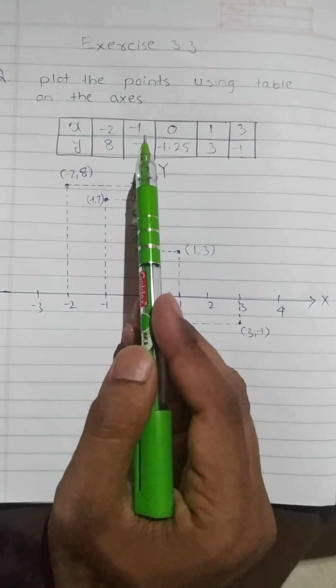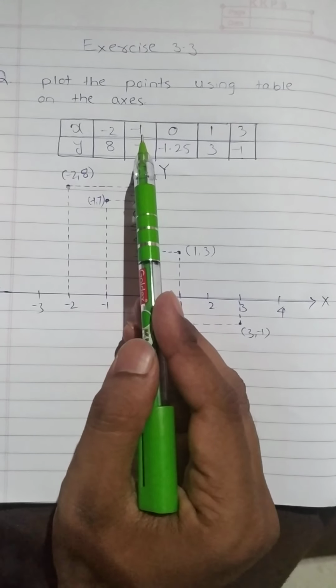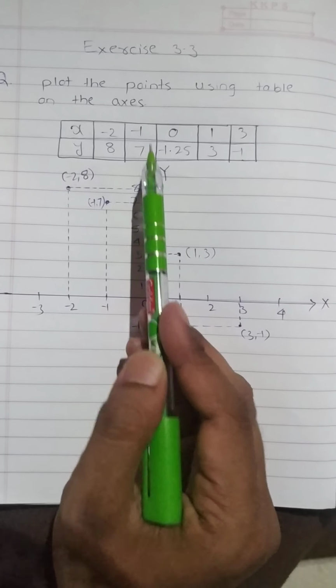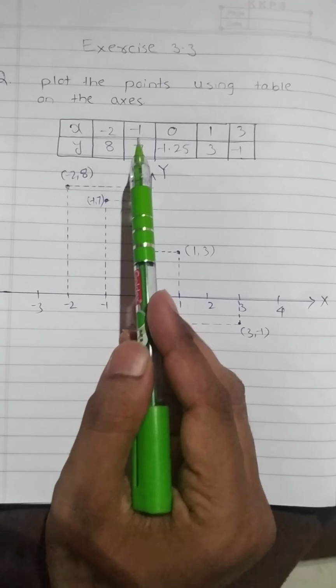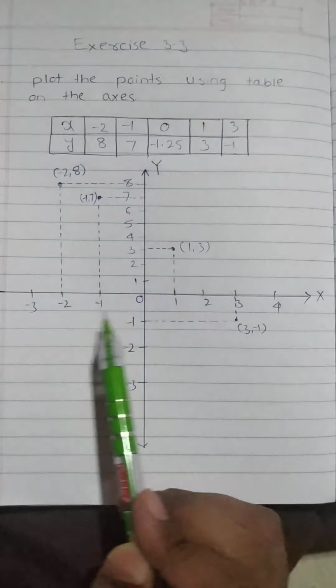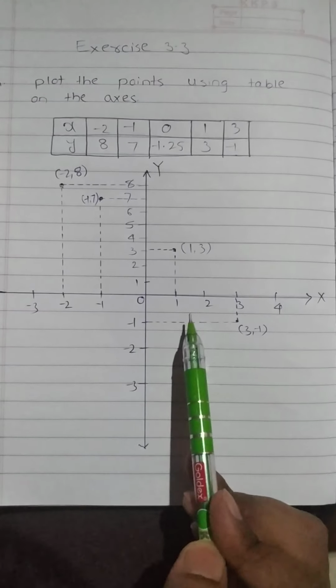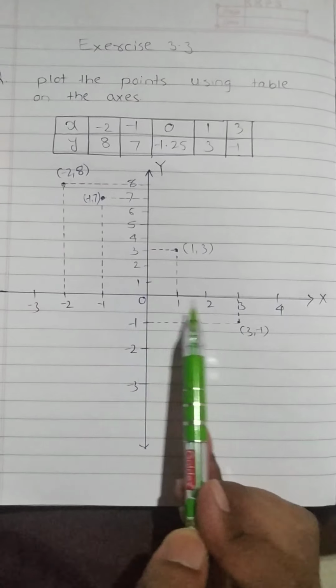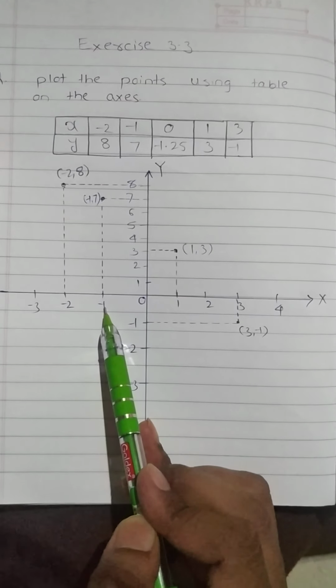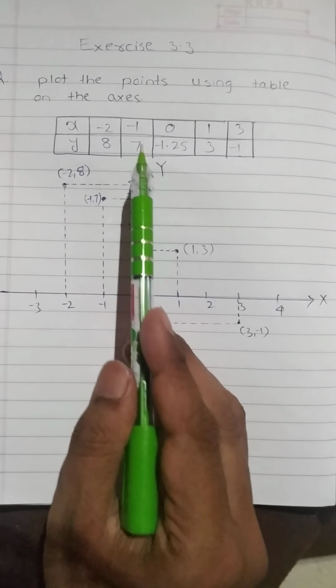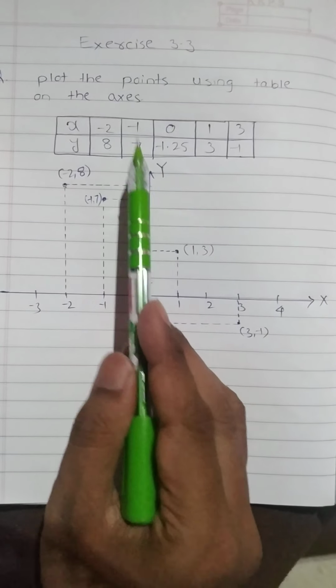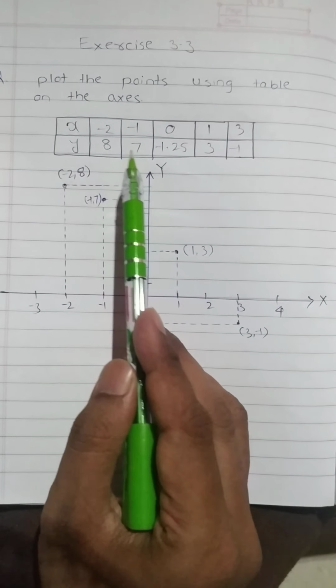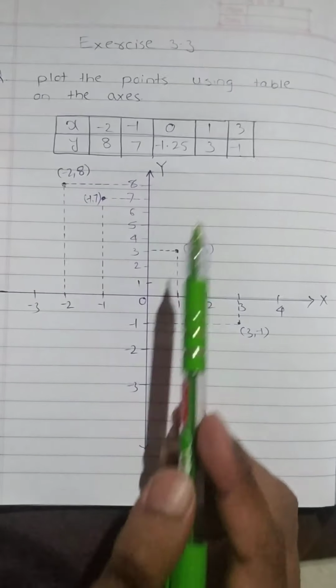Next point we will take here, dear students, minus 1, 7. So when x is minus 1, where is the x axis? Here is the x axis. Where is minus 1 here? We have minus 1 here, and the corresponding y point of this minus 1 is 7.